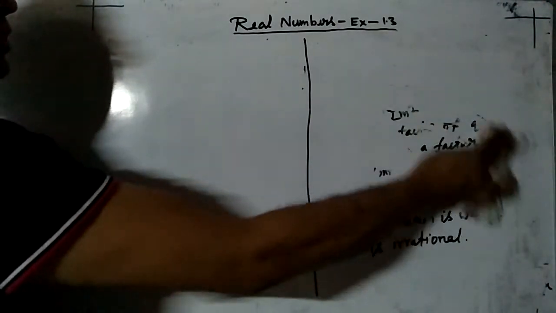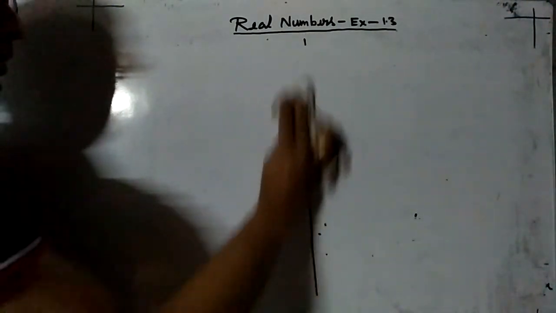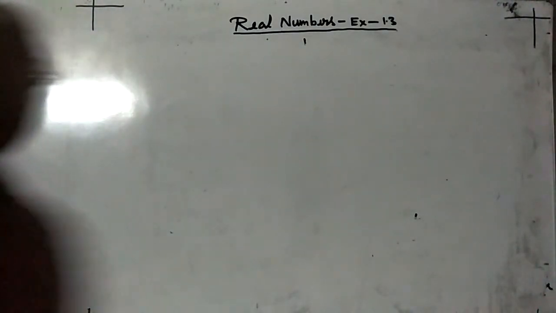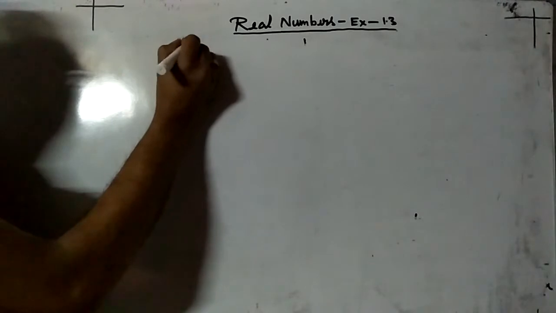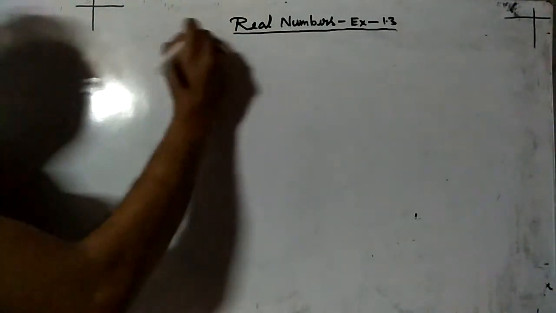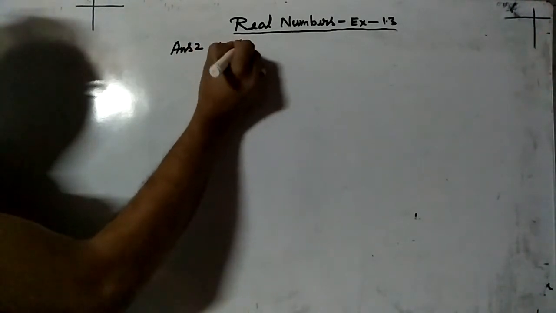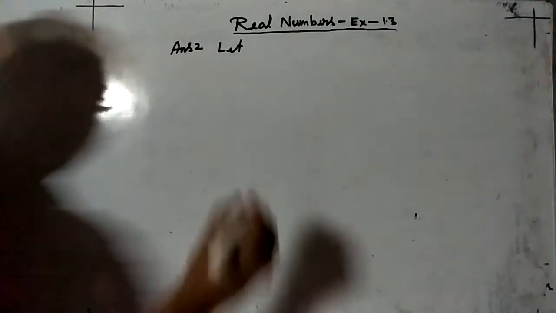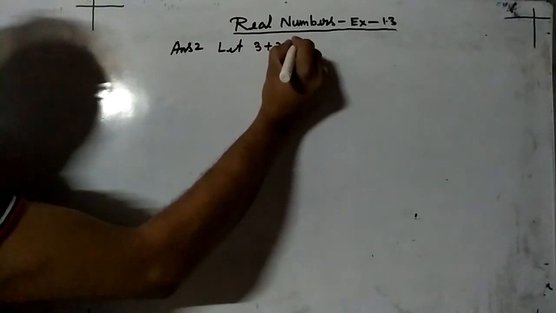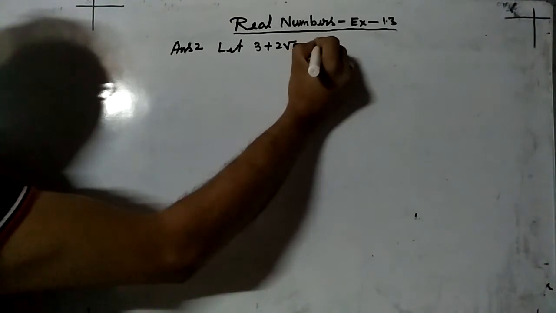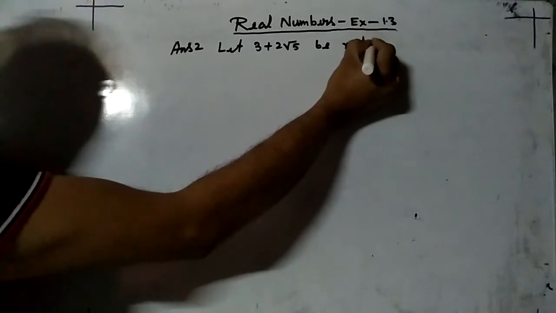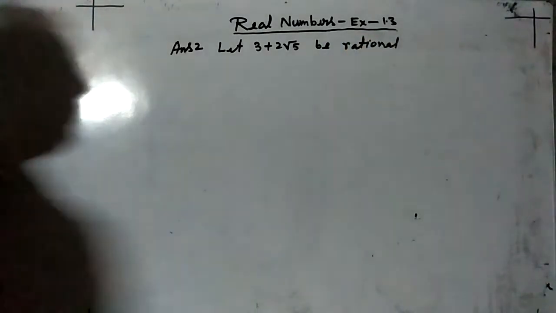So in question number 2, I'll show you how we can prove 3 plus 2 root 5 is irrational. This is answer number 2. Here also we'll consider 3 plus 2 root 5 to be rational, right?